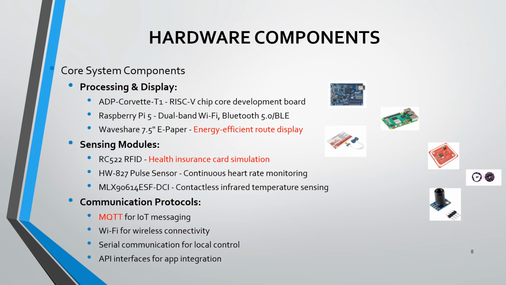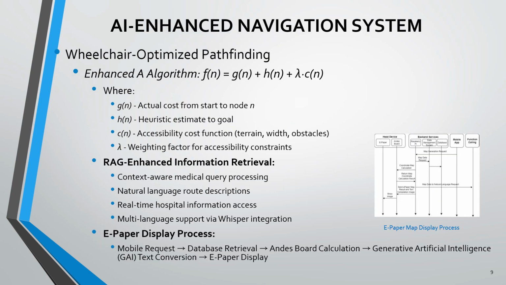For the communication protocols, MQTT for IoT messaging, Wi-Fi for wireless connectivity, serial communication for local control, and API interfaces for app integration. For wheelchair optimized pathfinding, we propose the enhanced A-star algorithm: Fn is equal to Gn plus Hn plus lambda Cn.